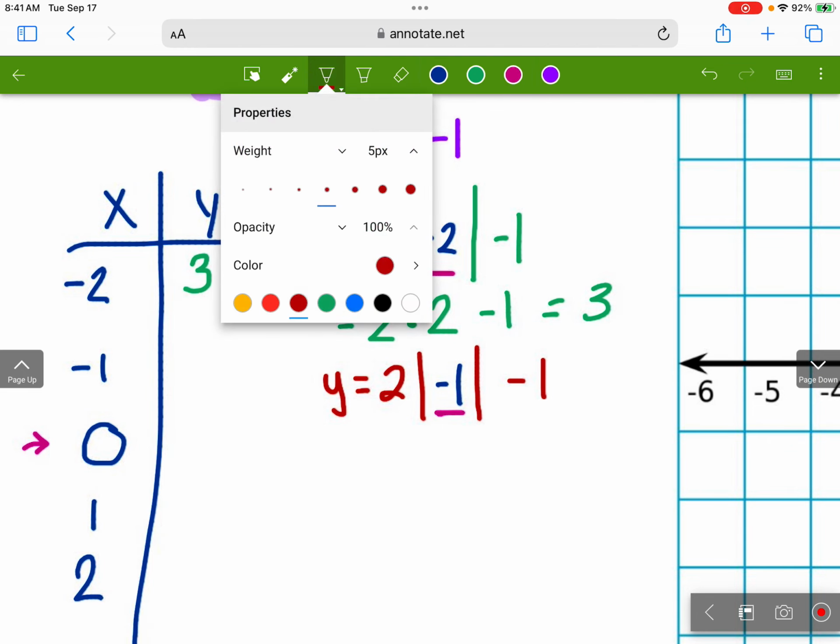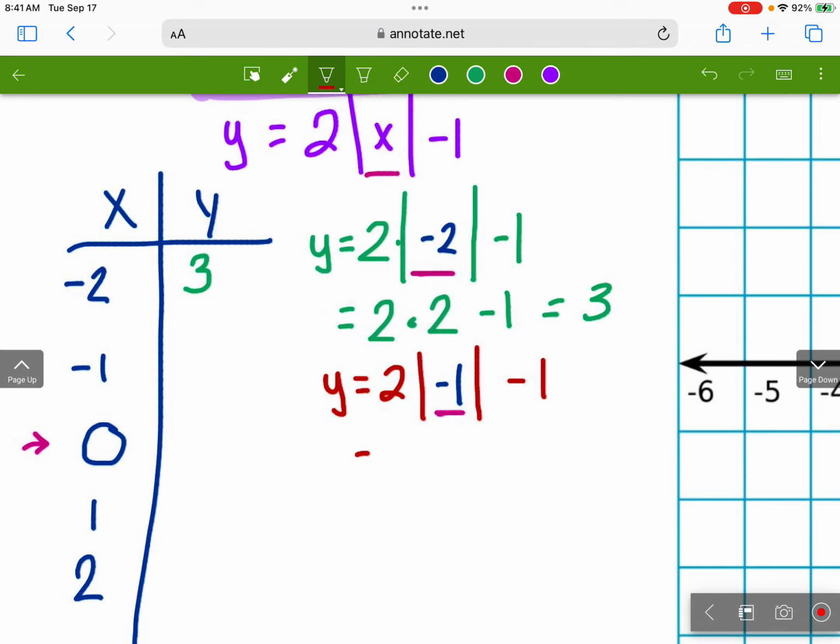So what is the absolute value of negative 1? 1. So this becomes 2 times positive 1 minus 1. What is 2 times positive 1? 2. 2 minus 1? 1. Do we see where those are coming from?